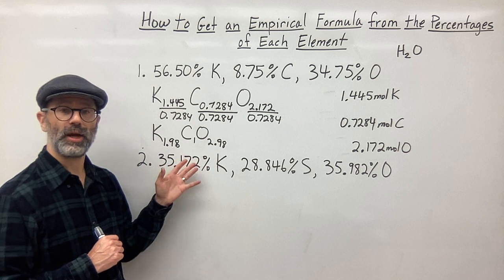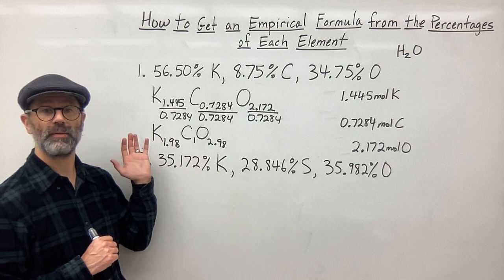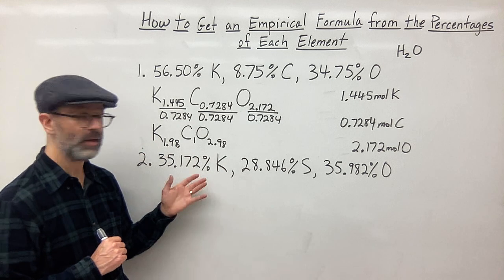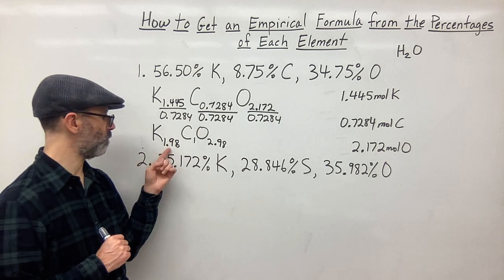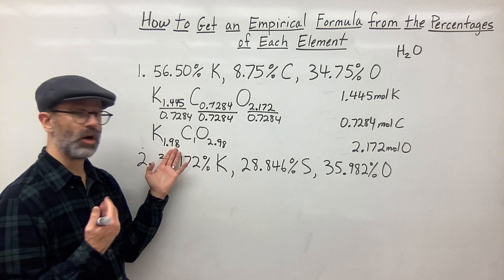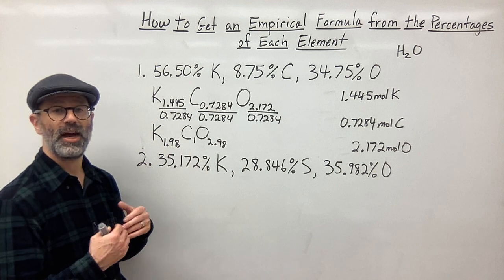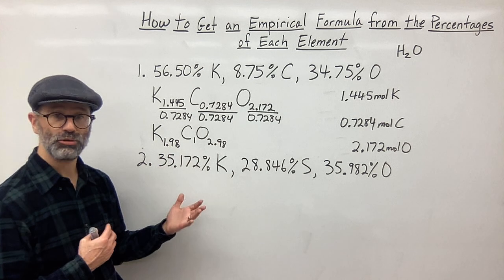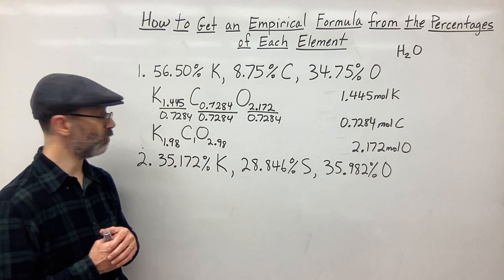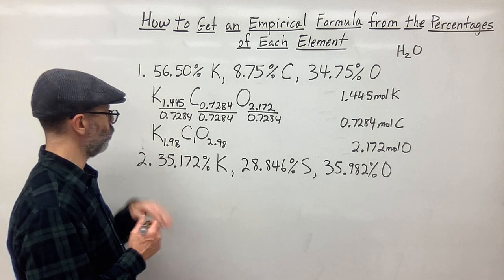Or if you get 0.333 somewhere, that might be a third, so you might multiply by 3. Or if it's like 0.5, you'd multiply by 2 to get the empirical formula. But in this case, these are really close to the whole numbers.